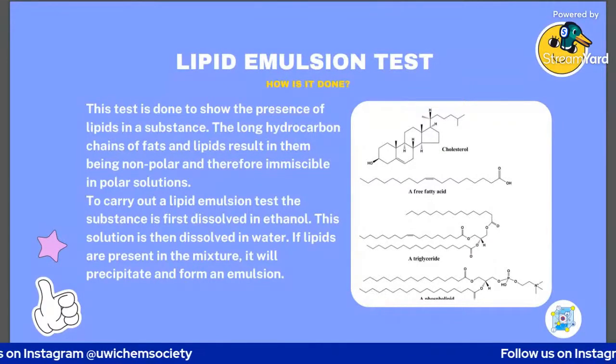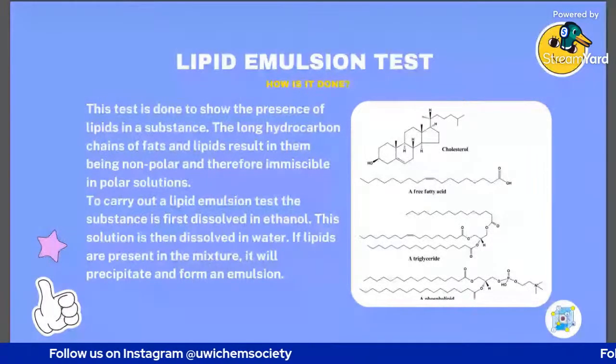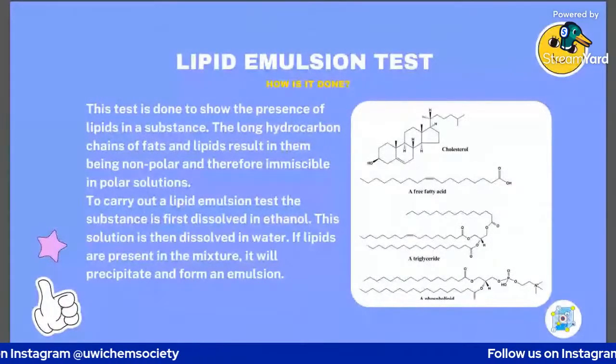All right, so we are going to go through lipid emulsion. The test is done to show the presence of lipids in a substance. The long hydrocarbon chains of fats and lipids cause them to be non-polar in polar solutions.